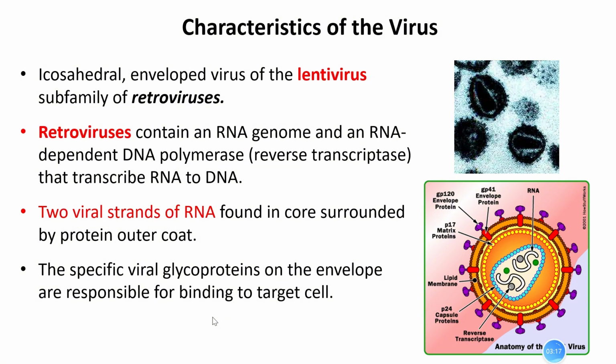And the other one is a transmembrane protein linked to P120. This is GP41. These 2 proteins are important to initiate the infection. So this is just a general introduction of the structure of the virus particle.